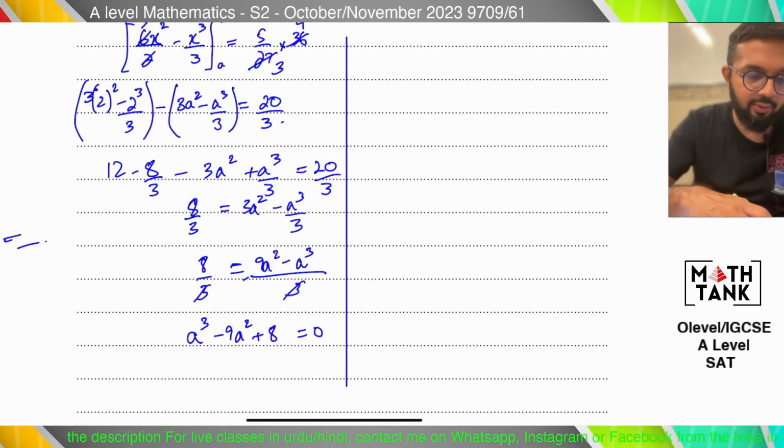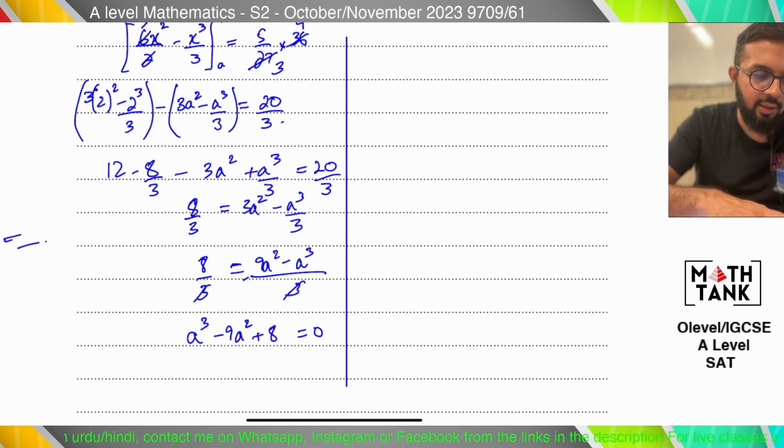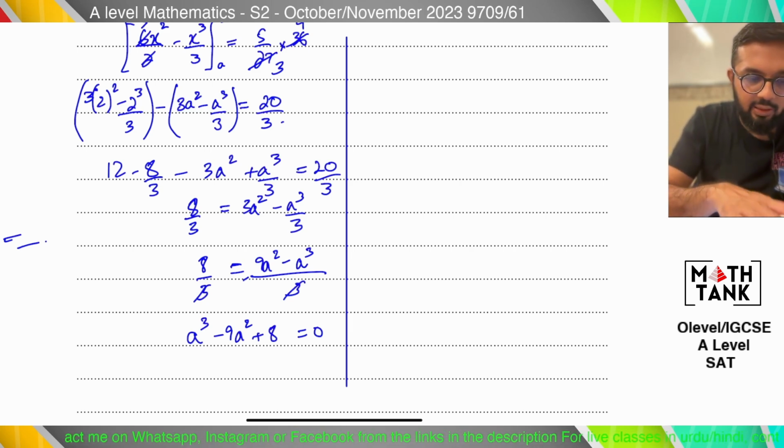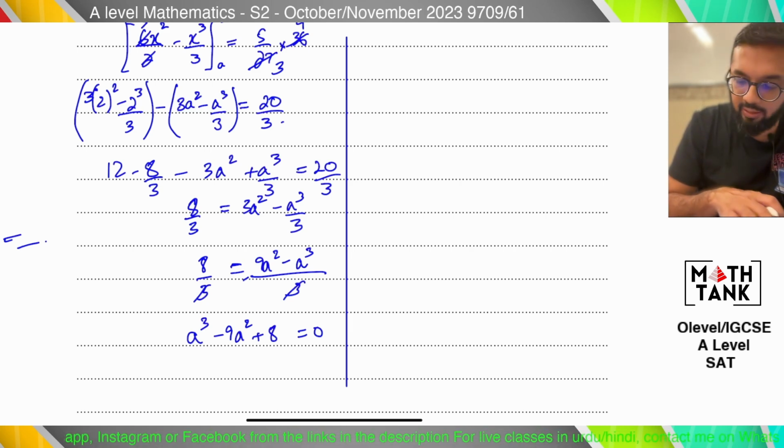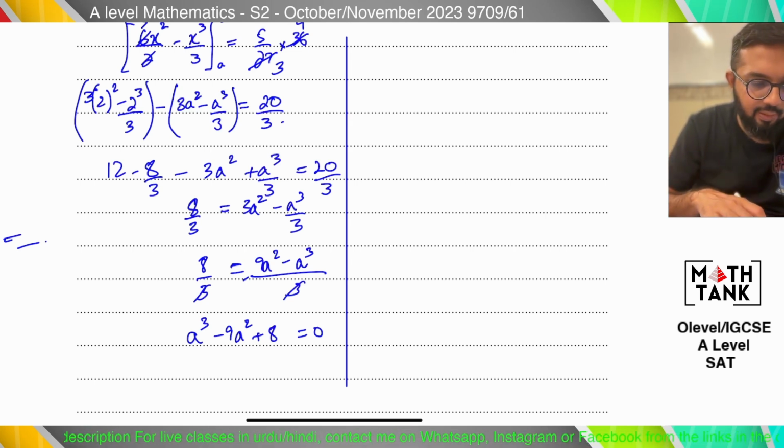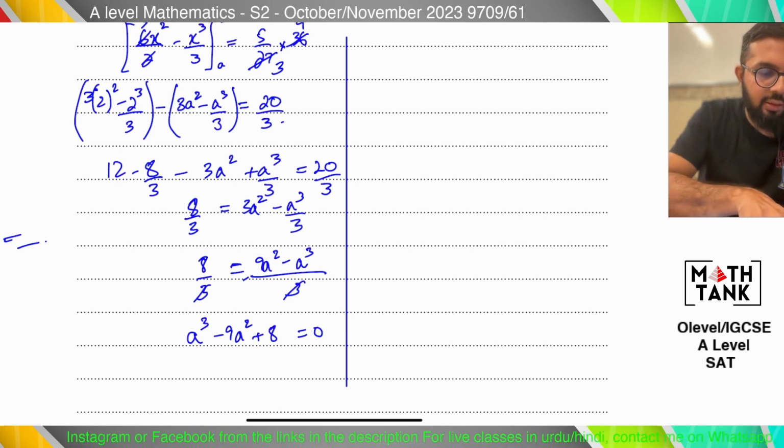I will first need to figure out the first factor. I'm going to use my calculator to do that. I will solve a polynomial and tell you that I have 1, minus 9, 0, and 8. So I'm getting one whole number as a factor.